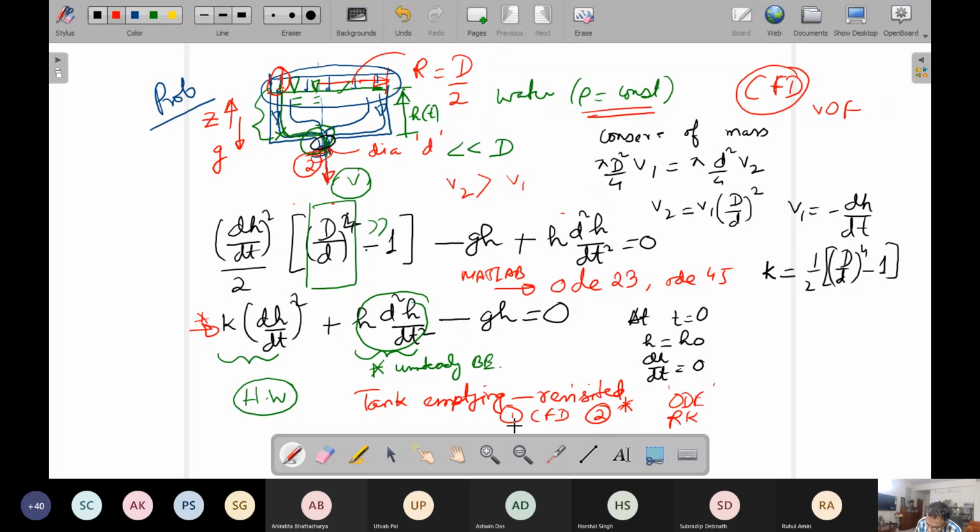And the third approach is the junior class approach, for which the solution is just one liner or two liner. Now you compare between these and try to put up a very critical picture of the limits of applicability of each of these types of solutions, and comprehensively that can be put up as a very thoughtful discussion on the tank emptying problem.